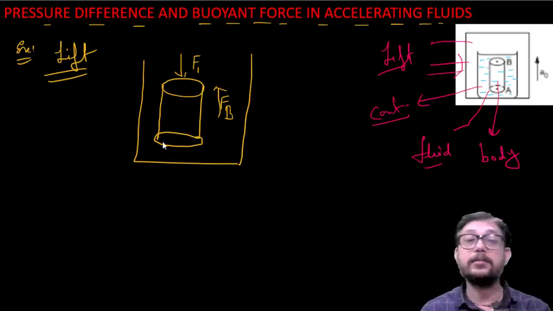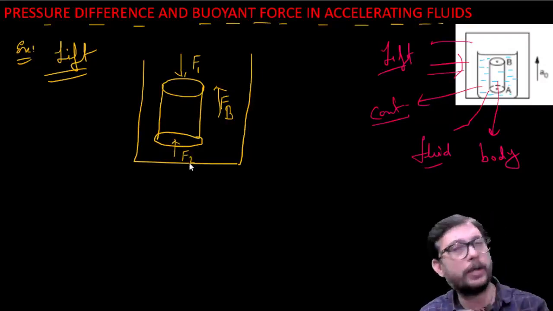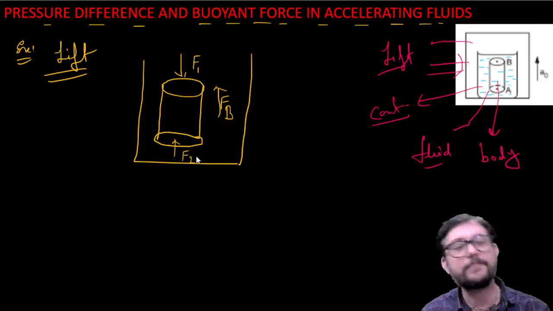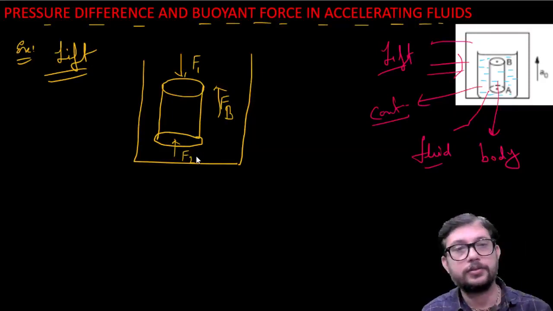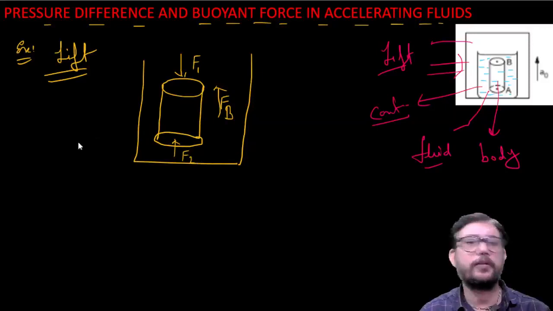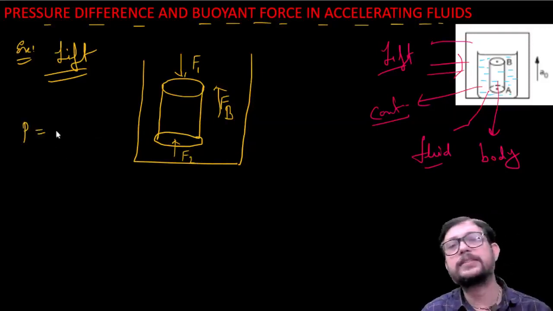We also have another force, that is F2, and no doubt it is also due to the pressure of the fluid. We know the basic formula of pressure: pressure equals force upon area. So in place of force we can take pressure times area.